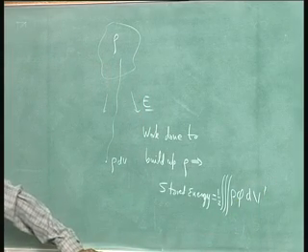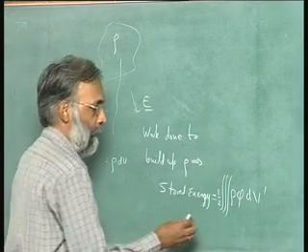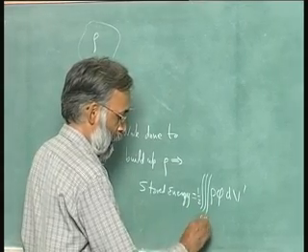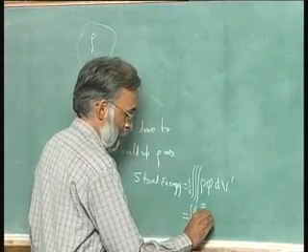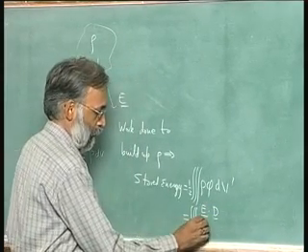And then using the divergence theorem and the gradient relation between phi and E, you can show that this is equal to volume integral E dot D divided by 2.